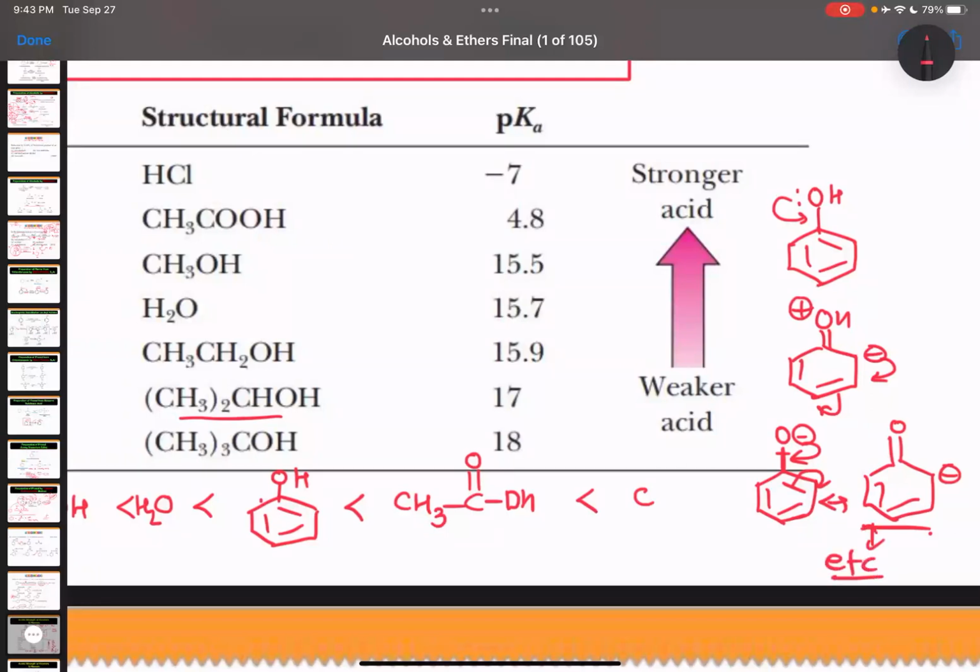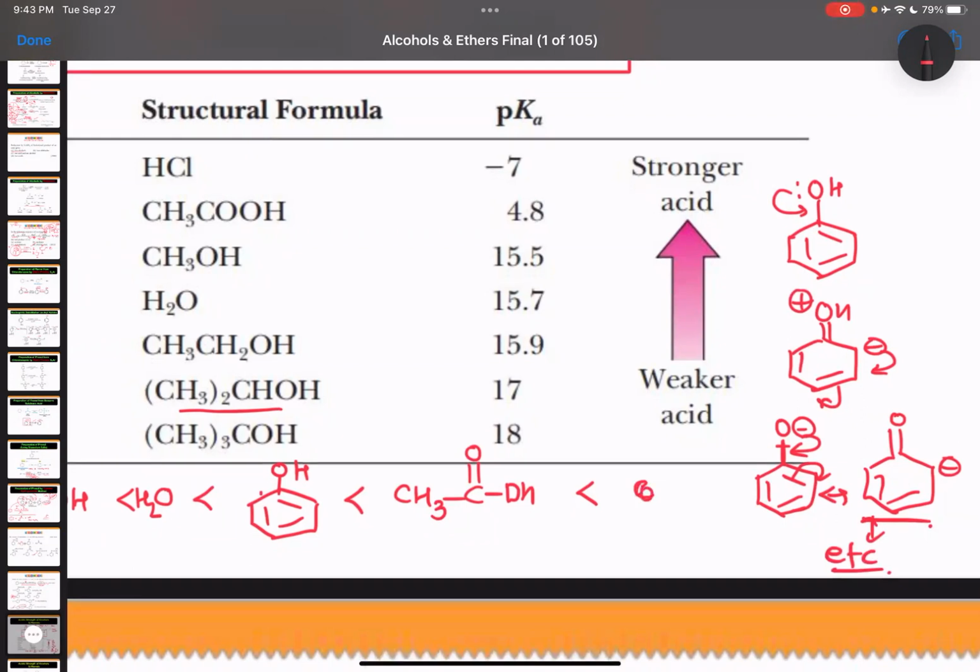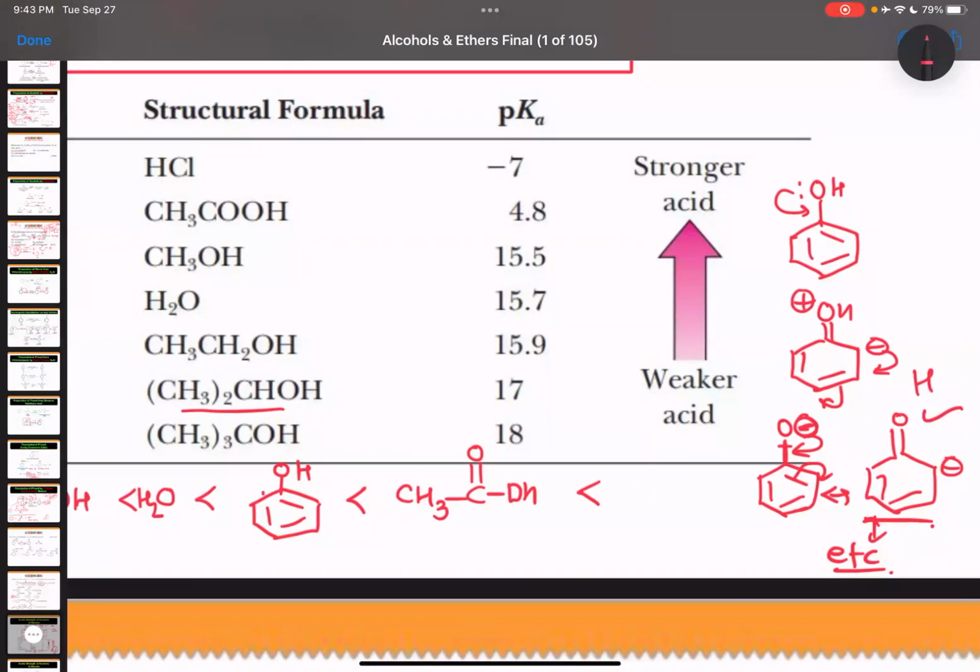Yes, sir. So during resonance, electrons will reach the oxygen atom, will not gain positive charge. In the phenoxide ion, during resonance, when electrons go away from the oxygen, that time it will not get a positive charge. Actually it is already minus. If it is already minus, if it gives its electron, it will become neutral.